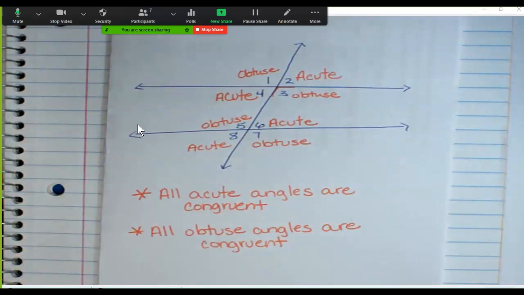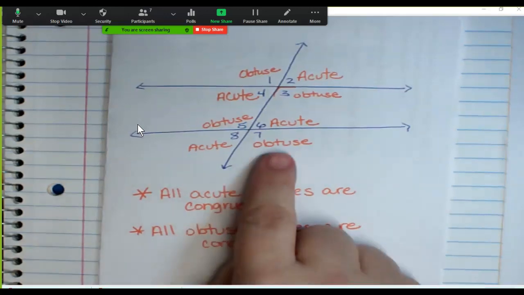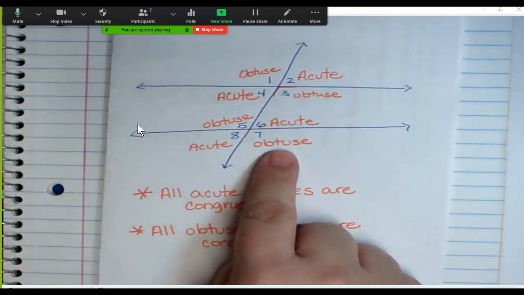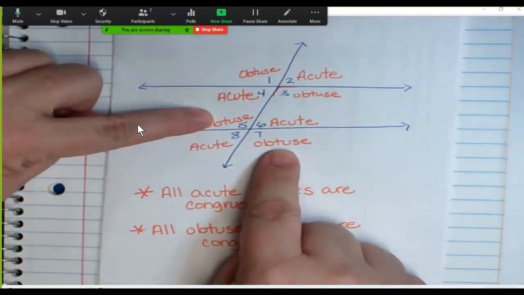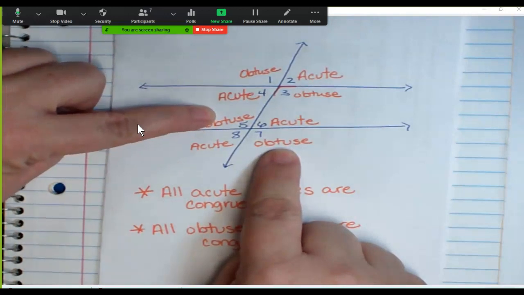So if I said angle 7 is 100 degrees, what's the measure of angle 5? Well, if angle 7 is obtuse and it's 100 degrees, this obtuse angle has to measure what? 100 degrees because they're congruent.